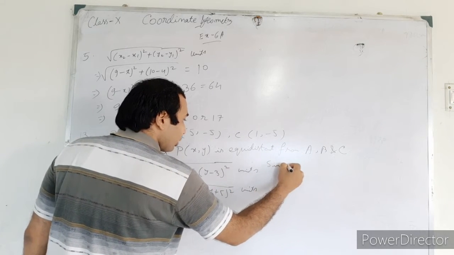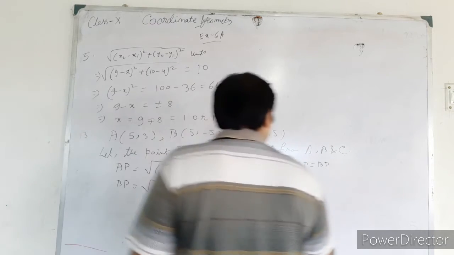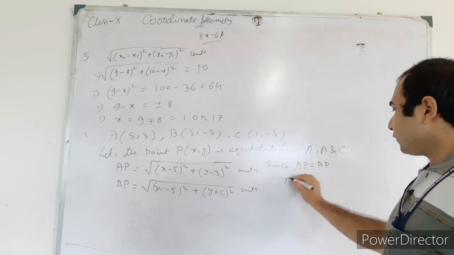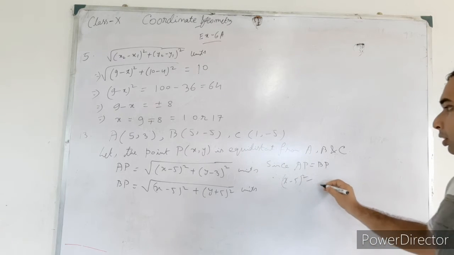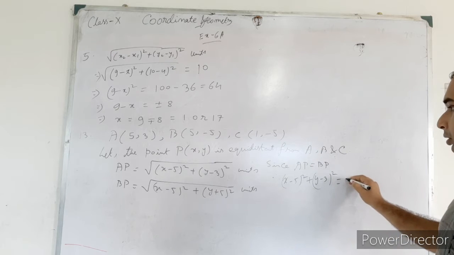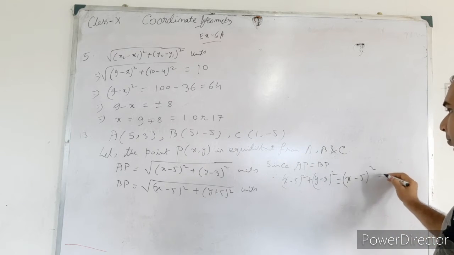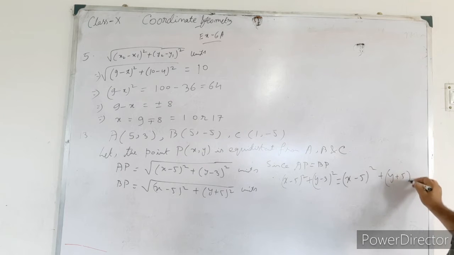Since AP equals BP, (x minus 5) whole square plus (y minus 3) whole square equals (x minus 5) whole square plus (y plus 5) whole square.